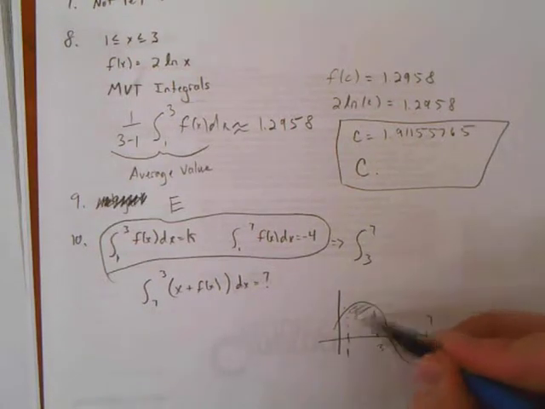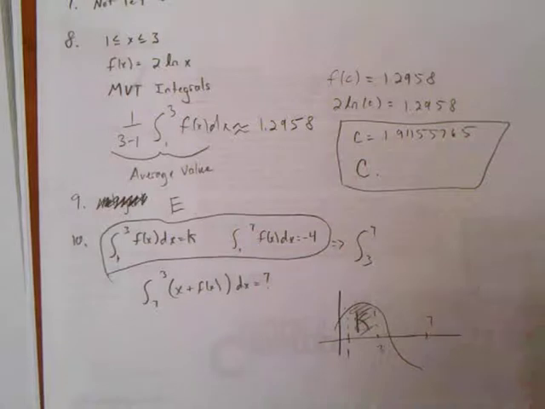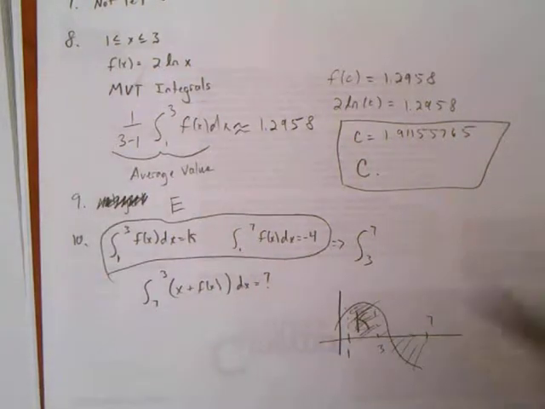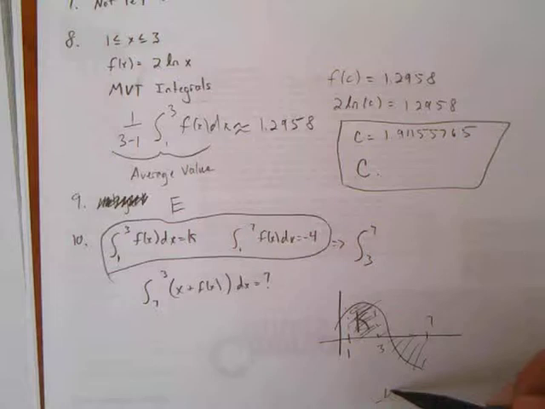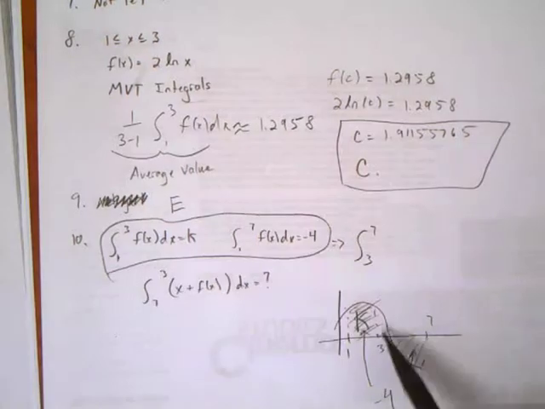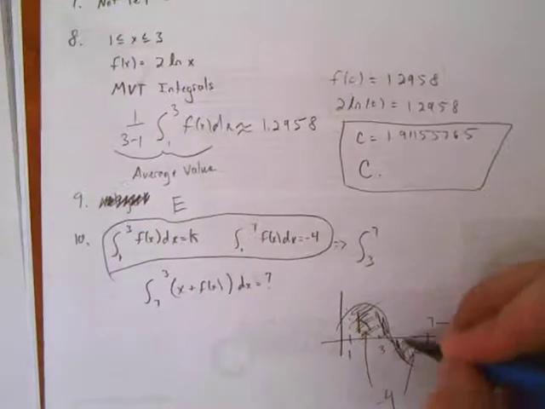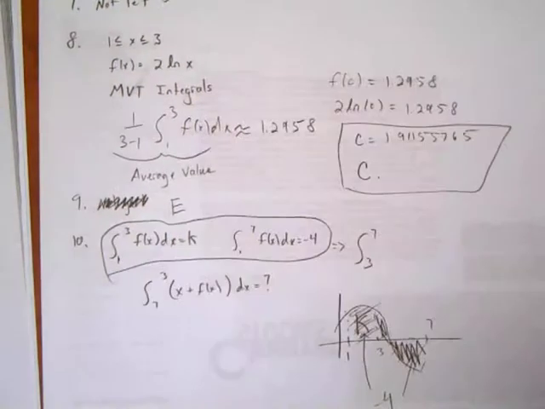We know that this area is K, and we know that the whole area is -4. So what would this area be then? Okay, only the area that we haven't talked about yet.